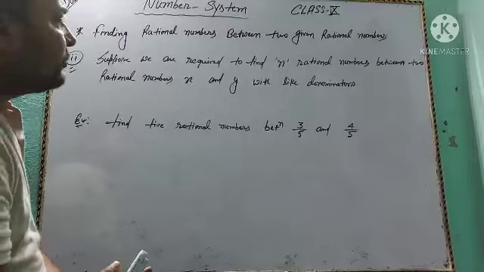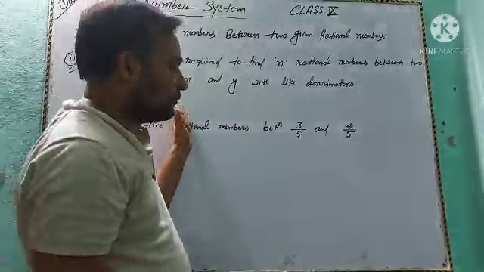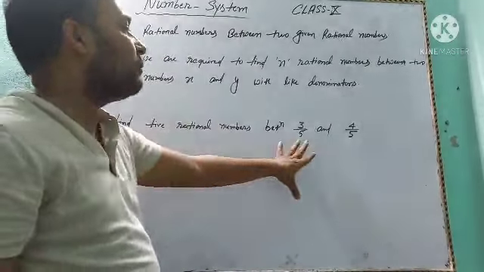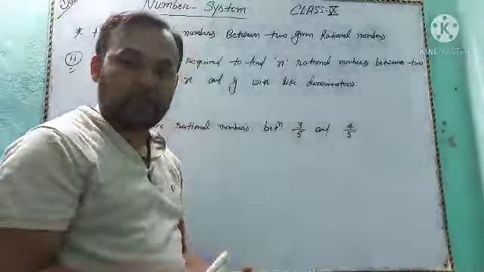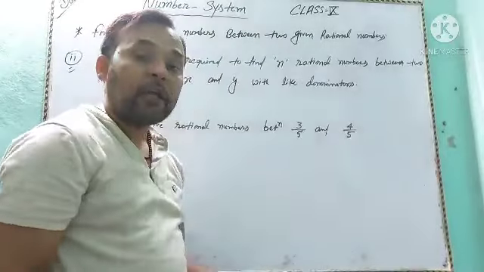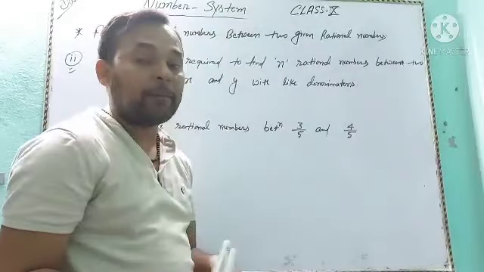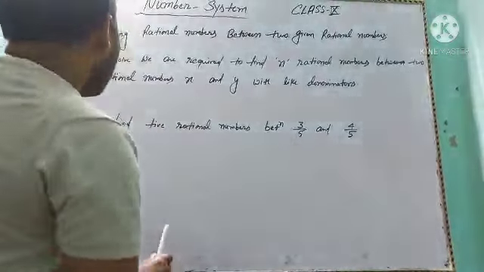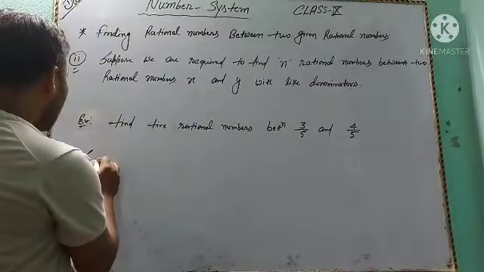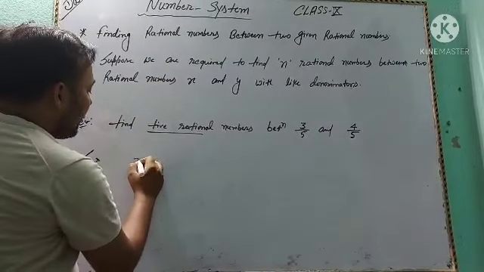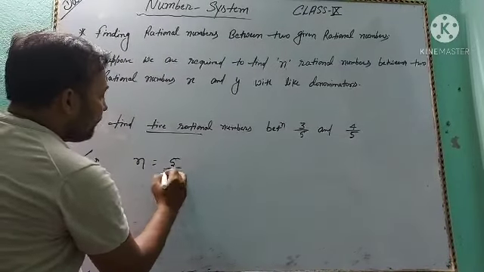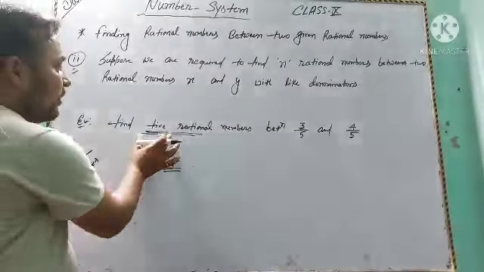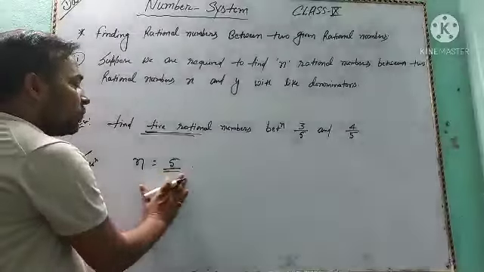First of all, students, we convert these rational numbers to equivalent rational numbers by multiplying by a suitable number, n plus 1. What is n? Let n be equal to 5, because we find 5 rational numbers.